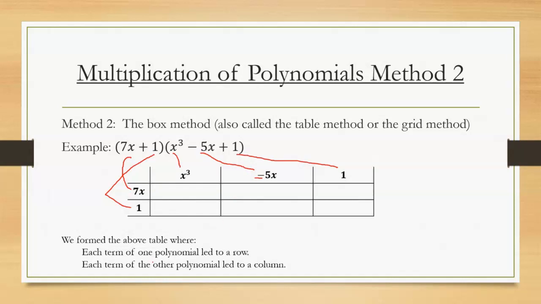What I said is written here as well. Even though I'm saying the second polynomial gives you columns, it really doesn't matter. One of the polynomials you get rows, the other one you get columns. Really, it could be the other way around.